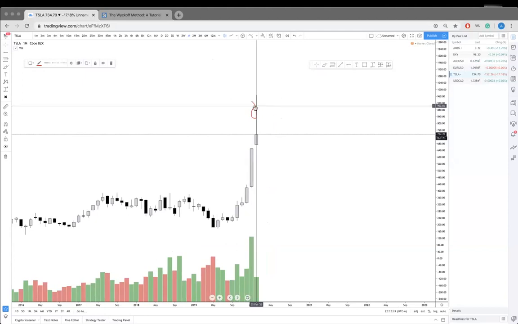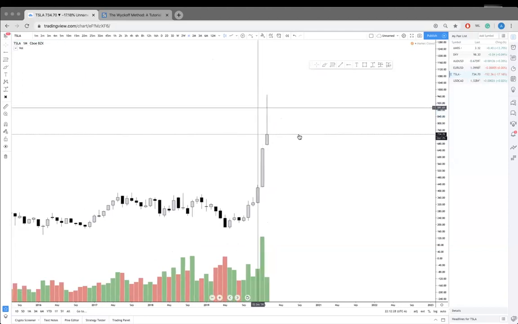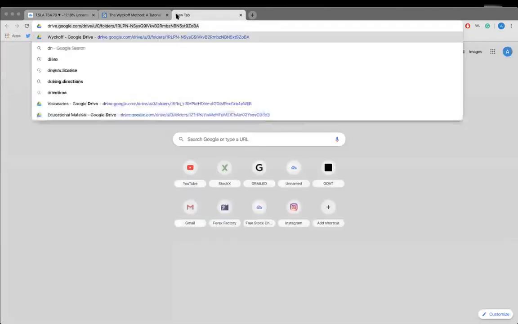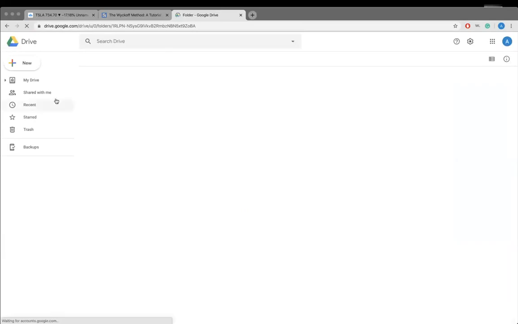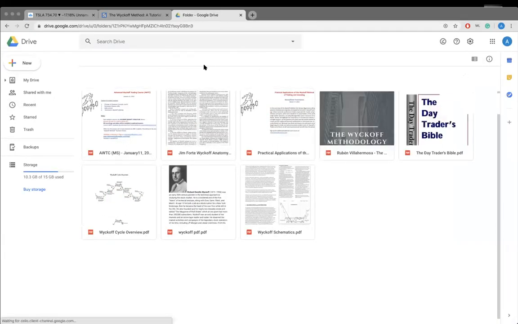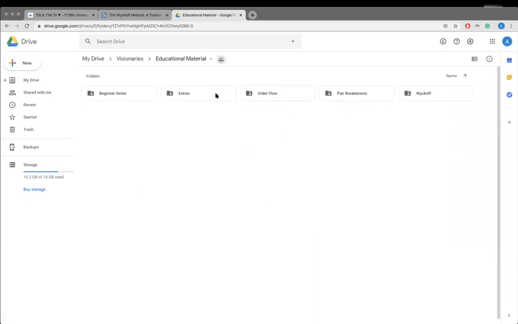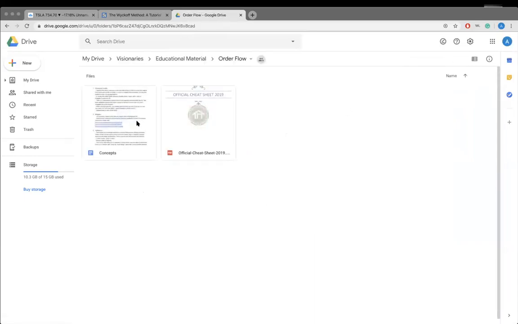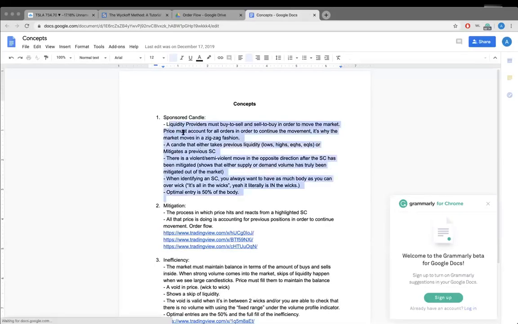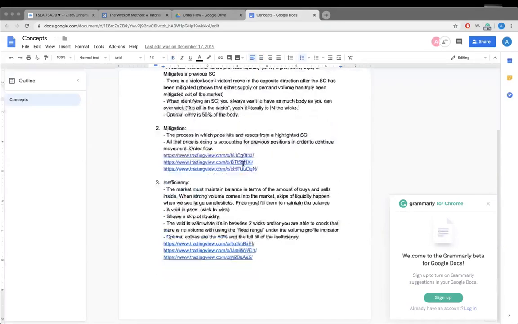Not picky, but I emphasize that you need to understand something before you use it, which is why I made that file in the drive. Extra order flow, and that's why I made this, and I even gave examples. You got to understand what the concepts are, and how the concepts work in order to be able to apply them.